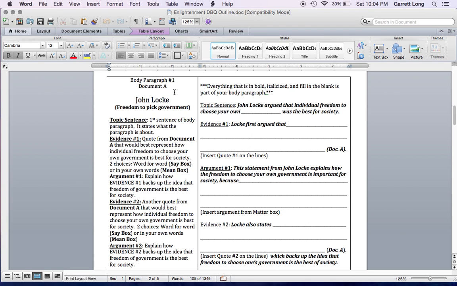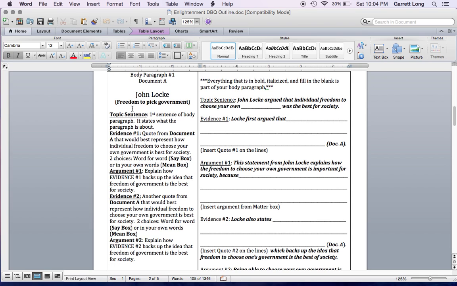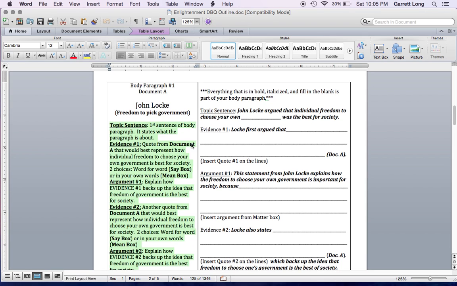So each body paragraph, guys, has 1, 2, 3, 4, 5 parts to it. And what I did is I explained each of the 5 parts on the left-hand side that I just highlighted. And then from there, you are going to fill in these blanks on the right-hand side.